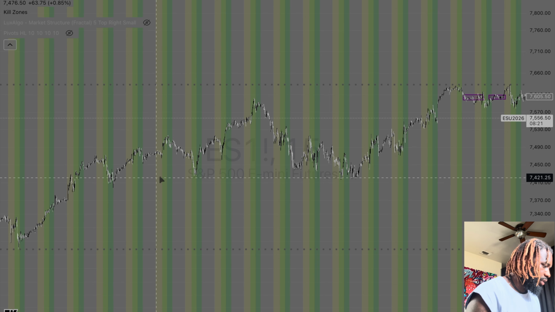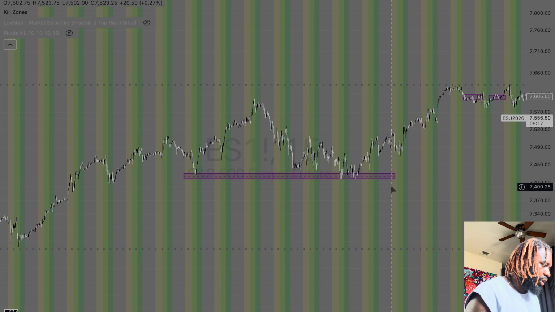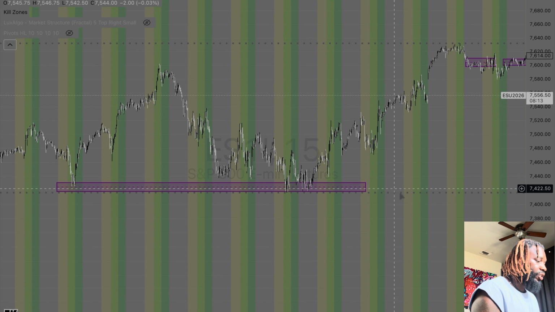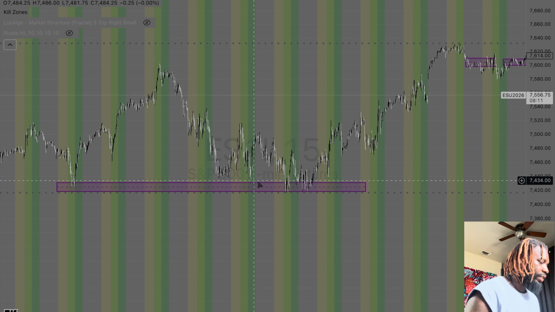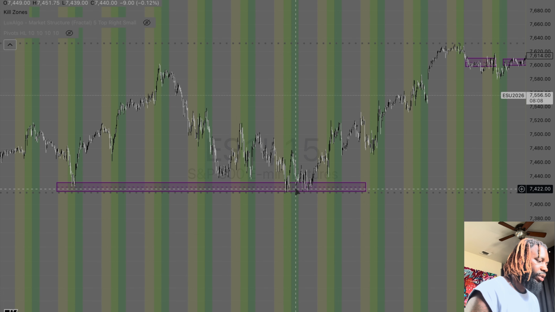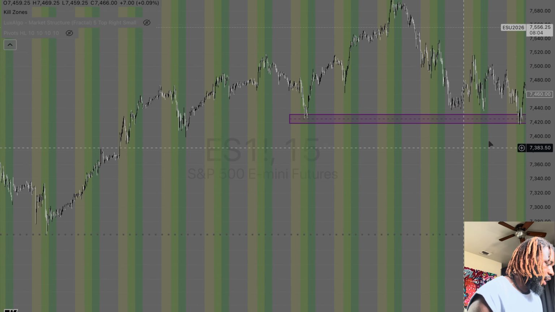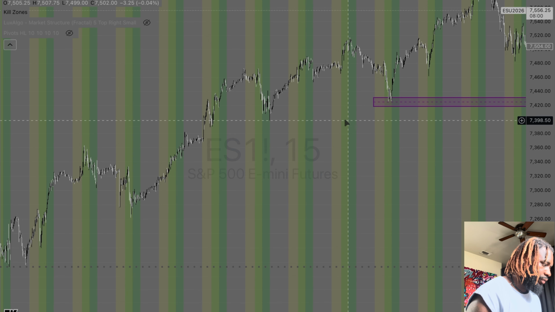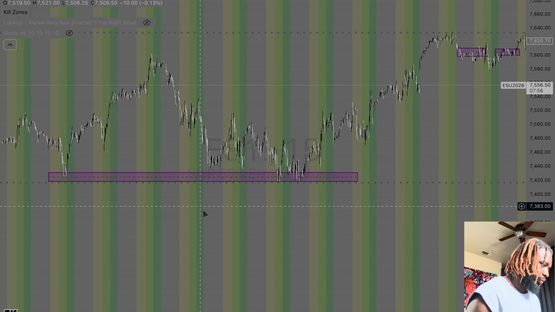For instance, if we were to mark off this area right here, you could call this a strong level of support. Because you can see every time price touched this floor, what did price do? Shot up, right? Every time. Even down here, which is a slightly lower level, but you can see from here, price shot up.